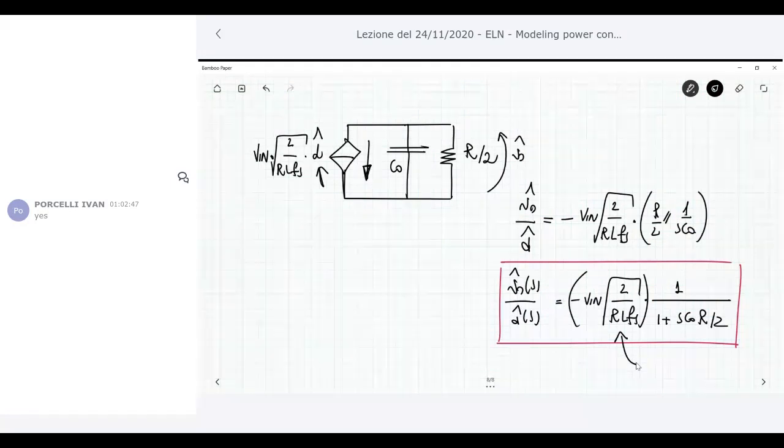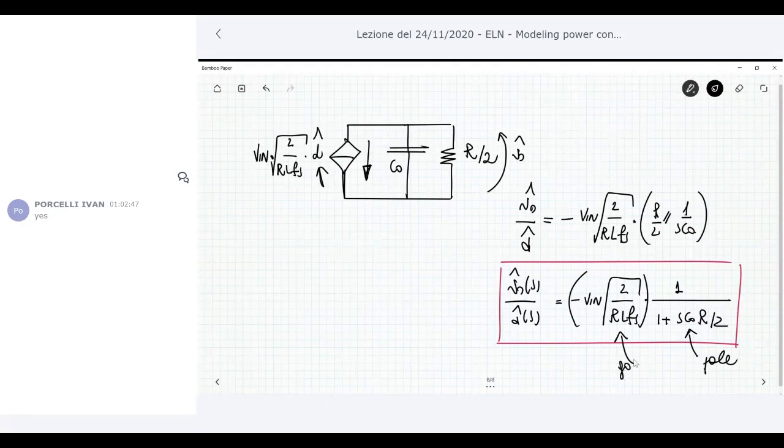And then I have here a pole. Single pole, not a complex conjugate pole. Single pole, and this is the gain. The pole depends on the product C naught multiplied by R divided by 2. So if you want the frequency of the pole, it is 1 over 2 pi C naught R over 2.